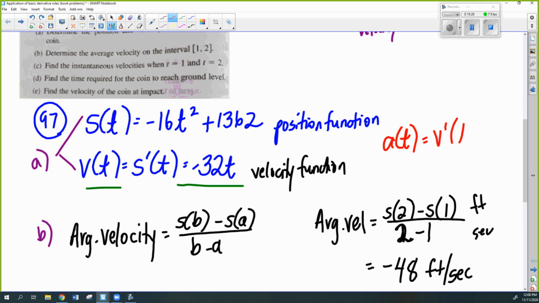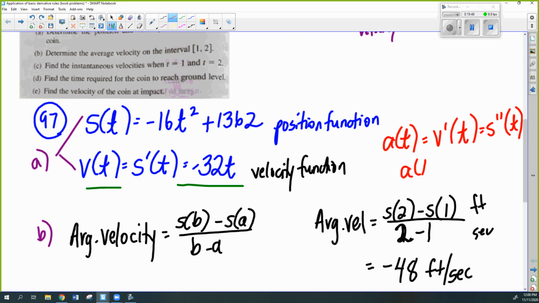Because it's the derivative of velocity, which then means it is the second derivative of position. So that is some notation that you need to be familiar with. Acceleration is the first derivative of velocity or the second derivative of position. So it's got two prime dashes instead of one.